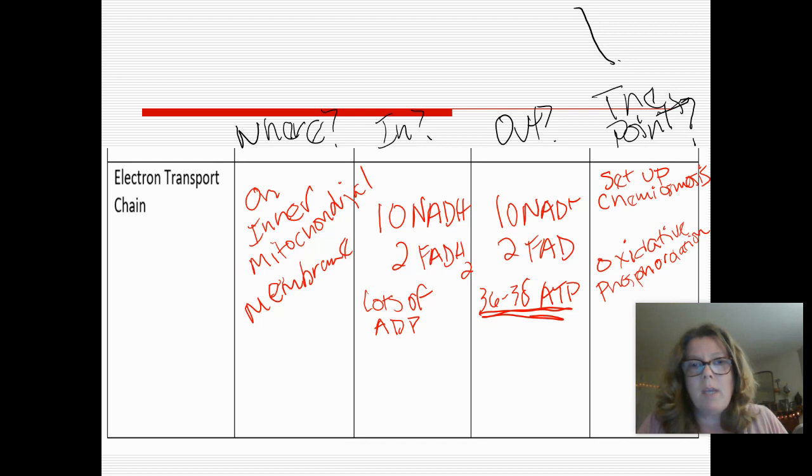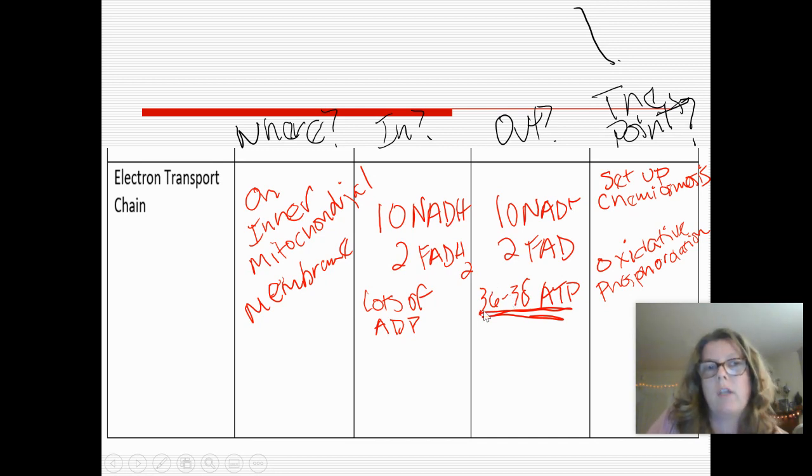You get 2 ATP out of the process. Big deal, right? And then all of a sudden you get to this step, and now we can take all these electron carriers we've been generating all along and use their energy, the electrons and the hydrogens, through chemiosmosis and oxidative phosphorylation to generate a whole bunch of ATP for us.